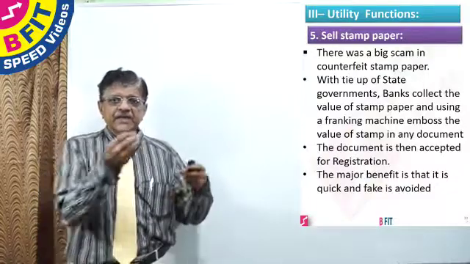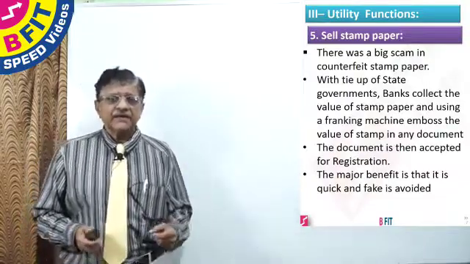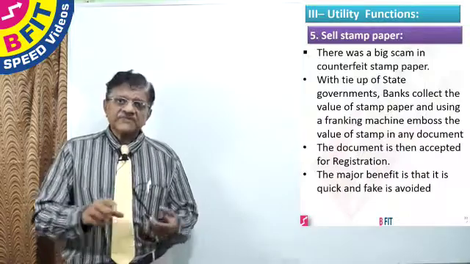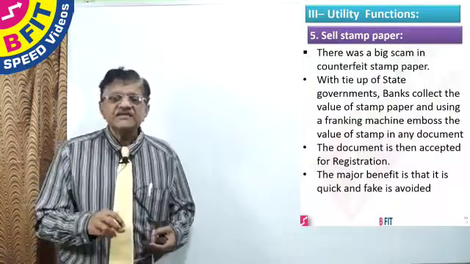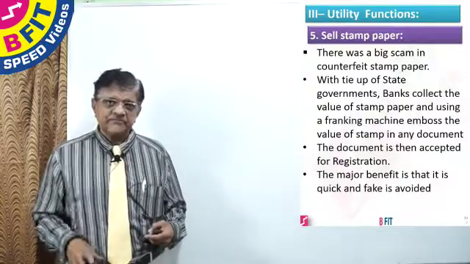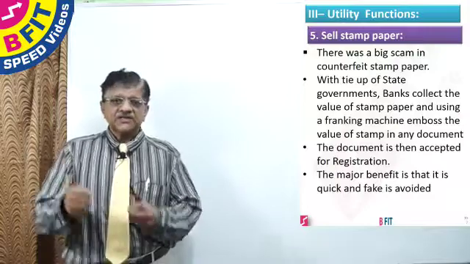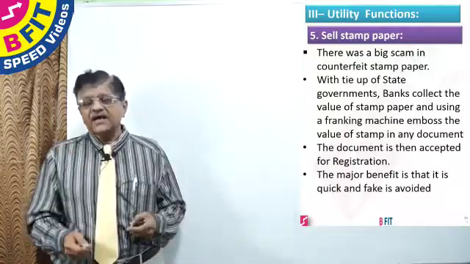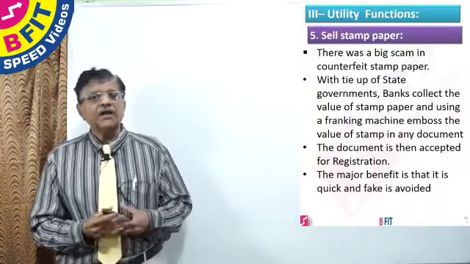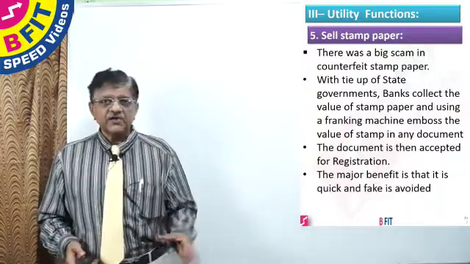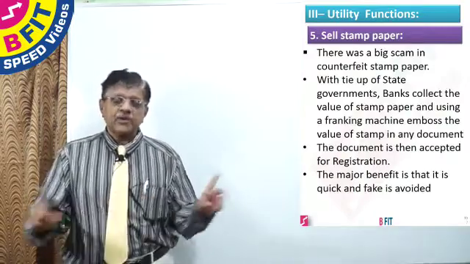This 8 lakhs you can debit from your account or send directly to the bank, and the bank will affix the franking stamp on the document for having received 8 lakhs as stamp fee. Then this document is given to the registrar, who will register it. So you need not buy stamp paper, and all frauds relating to stamp paper are stopped in one go.